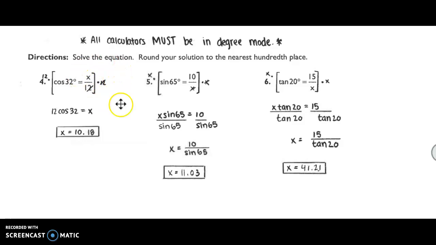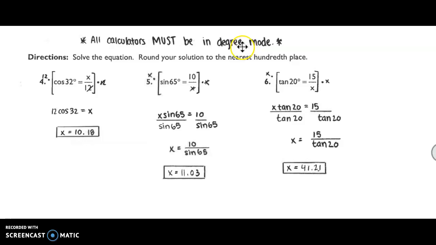When you solve these equations, all right, we're going to use algebra skills, okay? We're going to do some cross multiplying, or like in number 4 here, to solve for x, we multiply by 12 to both sides, right? You can put this into the calculator, and you have to be in degree mode.